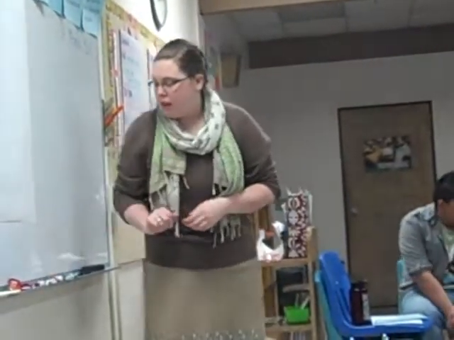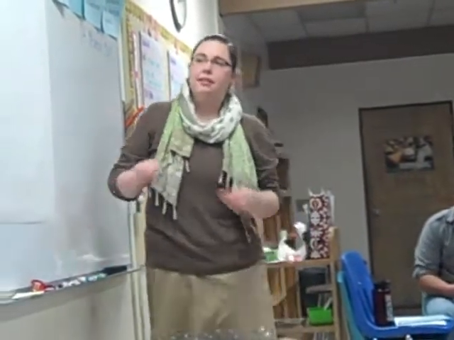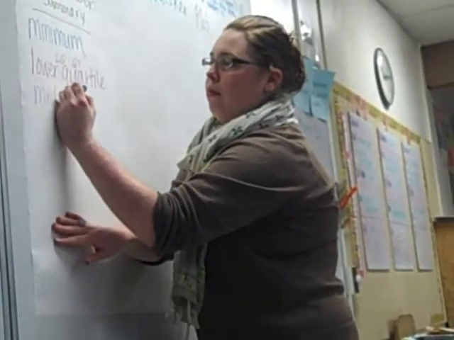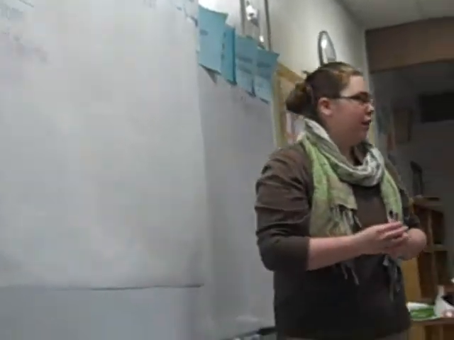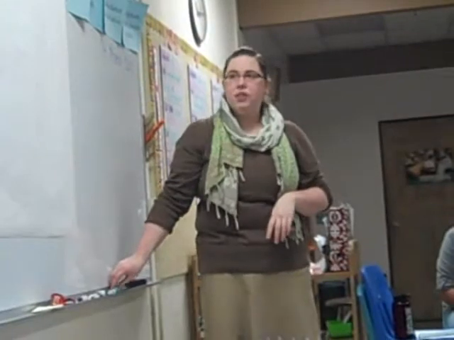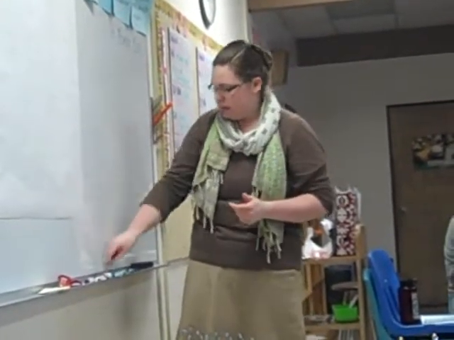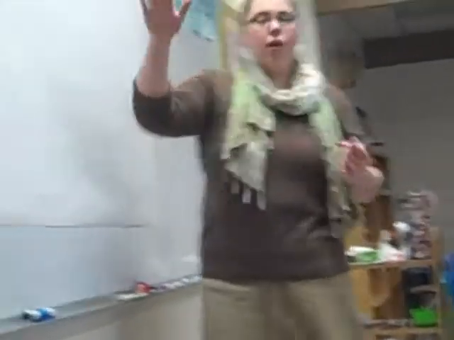Okay? The next piece of information we need is our median, which you've all heard. We talked about it last week almost every day. The next one is the upper quartile, the lower quartile's partner.